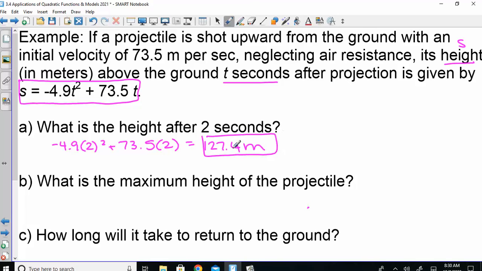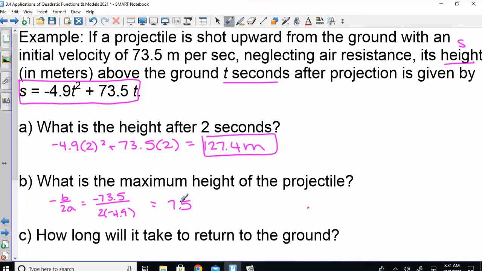We're in meters. Part B, what is the maximum height? So we get 7.5.